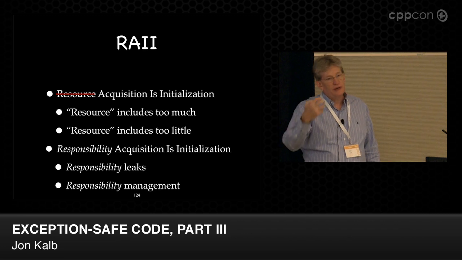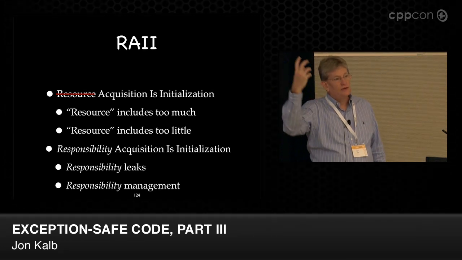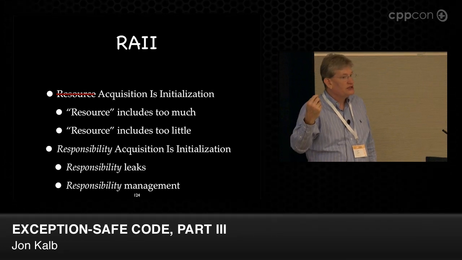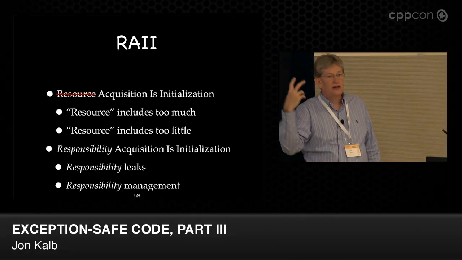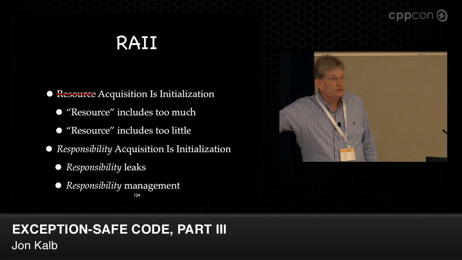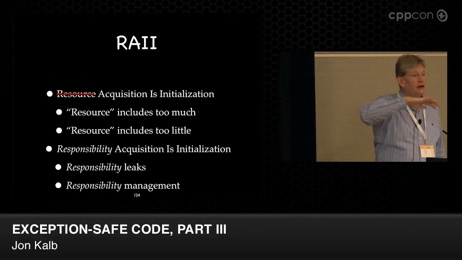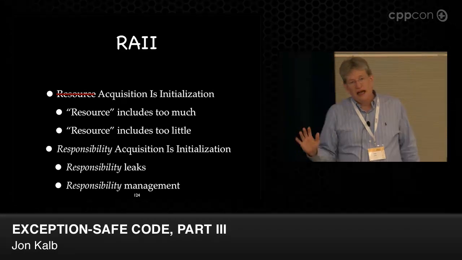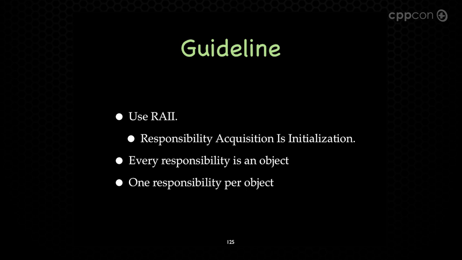Because it's not really important that we have an object that knows how to free and get resources. It's important that we have an object that knows how to acquire and release, discharge responsibilities. So you can go around talking about RAII, and everybody thinks you're stupider than you are, because you know better. You know what it really means. What it really means is responsibility. And so the guideline is use RAII: responsibility acquisition is initialization.